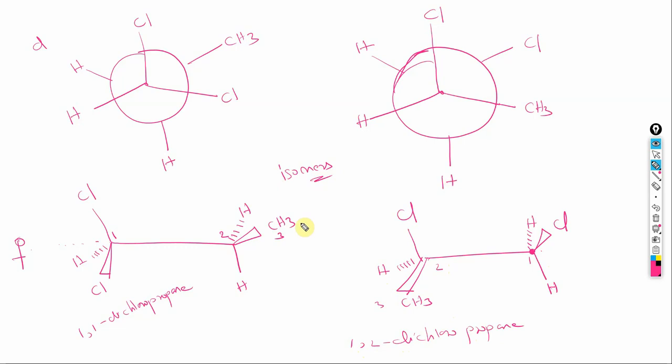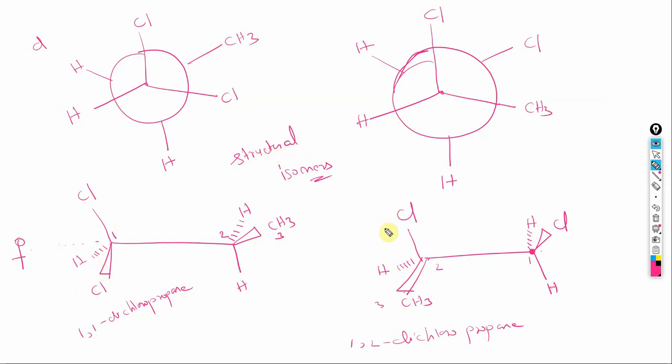because they have the same molecular formula, but they don't have the same sequence of bonds. The bonds and the linkages themselves are different. Here you have a carbon with two chlorines and then a carbon-carbon. Here you have a carbon next to a carbon, then a chlorine, and then a carbon-chlorine bond. So these two are structural isomers of each other, right?